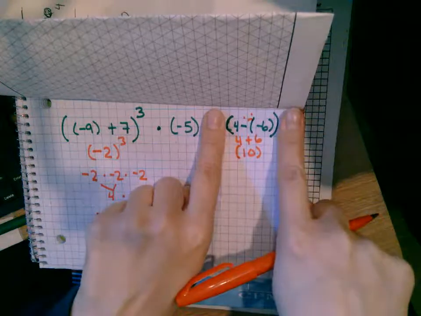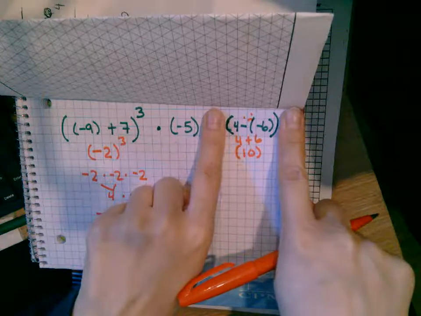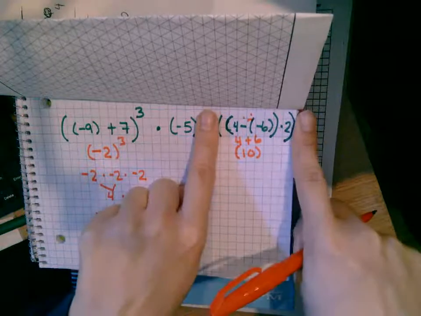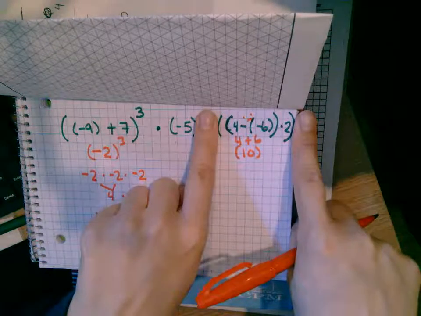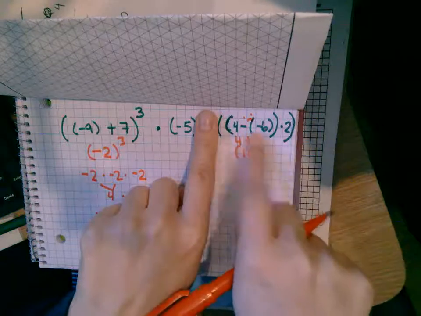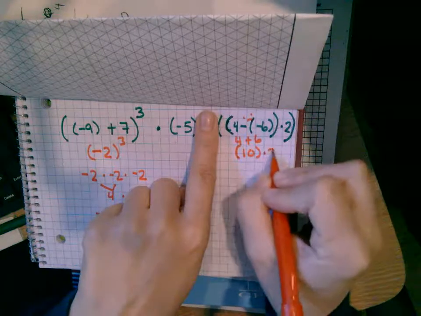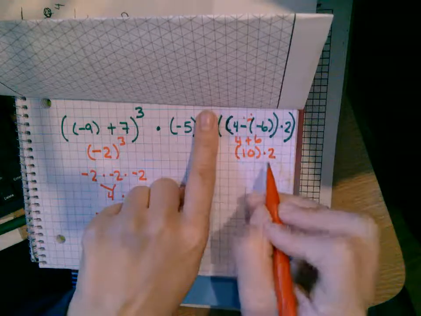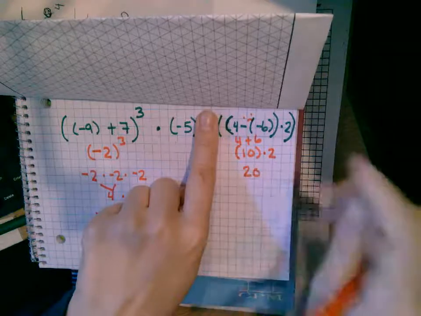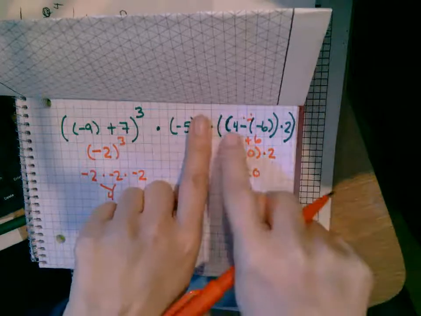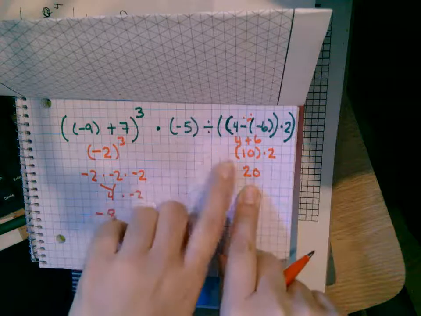In that parentheses. Then I look for another set of parentheses. That set says nothing in the front, but then the times 2. So 10 times 2 is 20. So I'm done with all that set of parentheses, and I got 20.